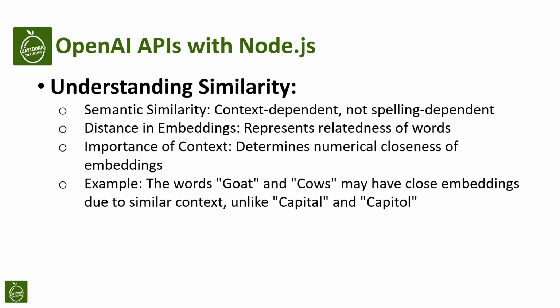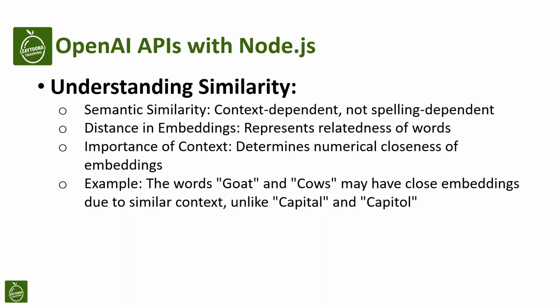The numerical closeness of embeddings is determined by how often words appear in similar contexts. For example, the words goat and cow might be considered similar because they are often used in the same context in language, resulting in numerically close embeddings.